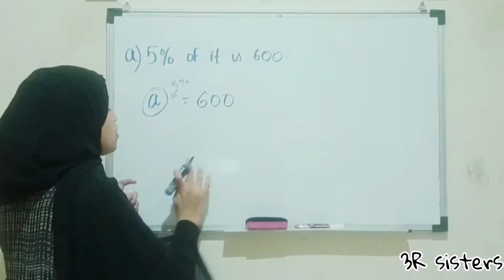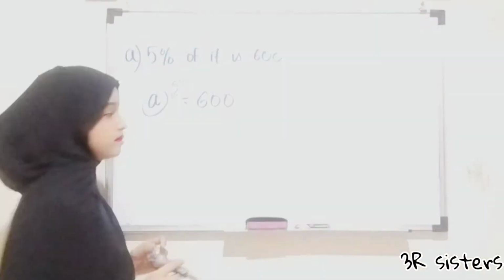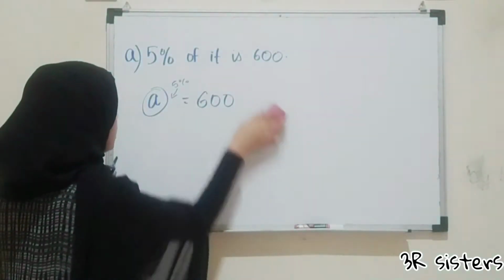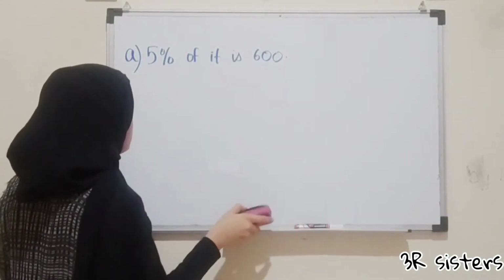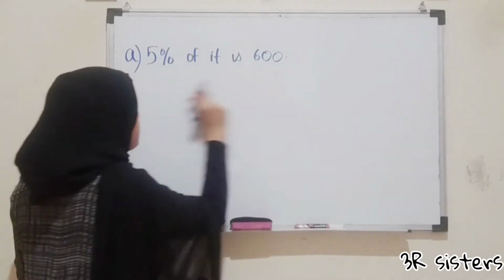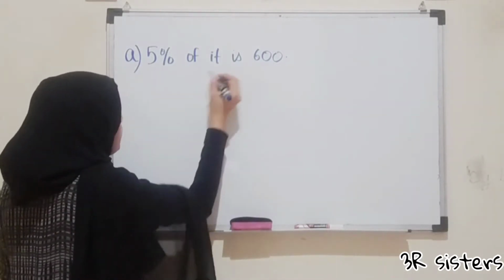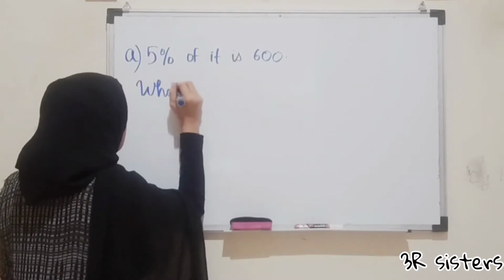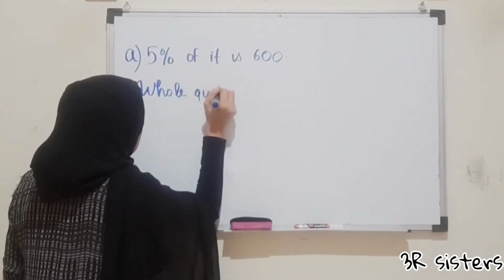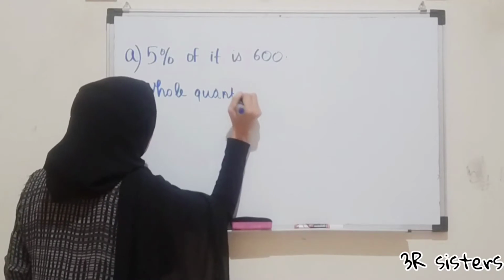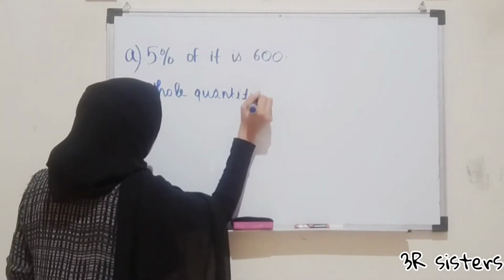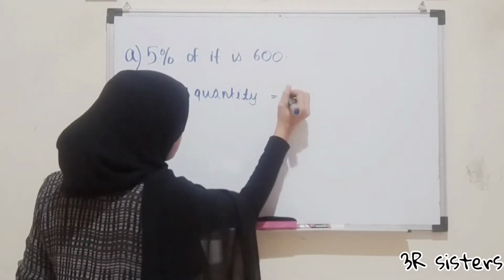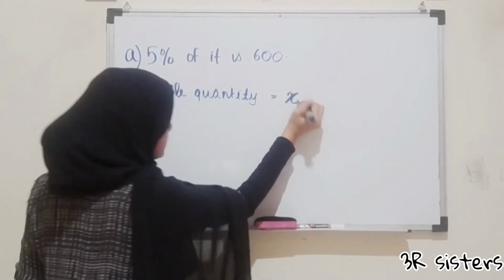Okay, so how will we find this one? First, we can write the whole quantity, the number which we don't know, as x.